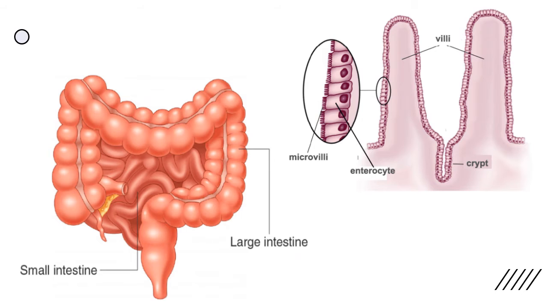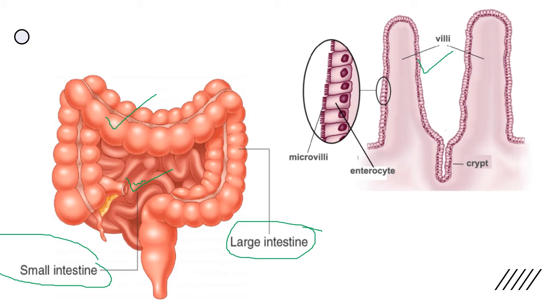Here in the diagram you can see the outer, larger, thicker part is called the large intestine, and the finely coiled inner structure is called the small intestine. Inside the small intestine there are finger-like projections called villi, and all these villi contain blood vessels.